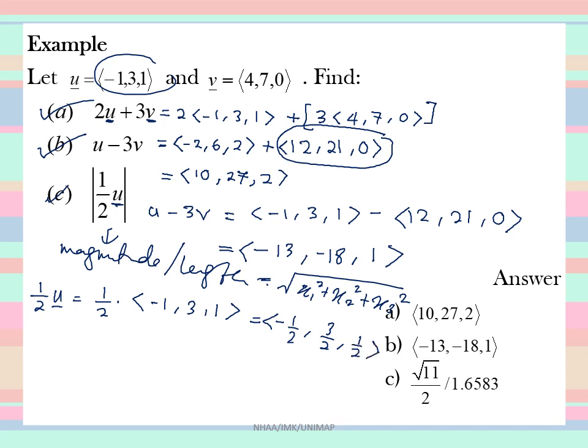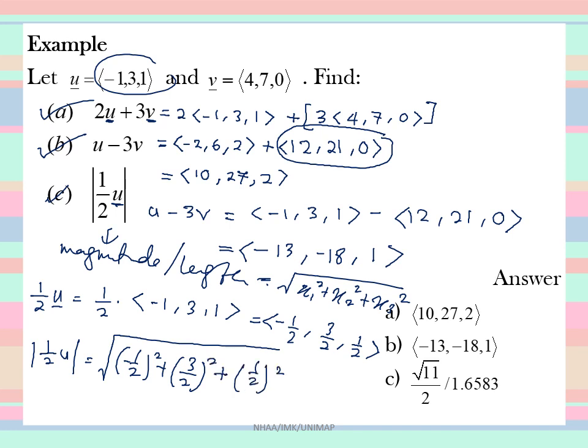Now you need to find the length of this. So the magnitude of half u is equivalent to the square root of (-1/2) squared plus (3/2) squared plus (1/2) squared.